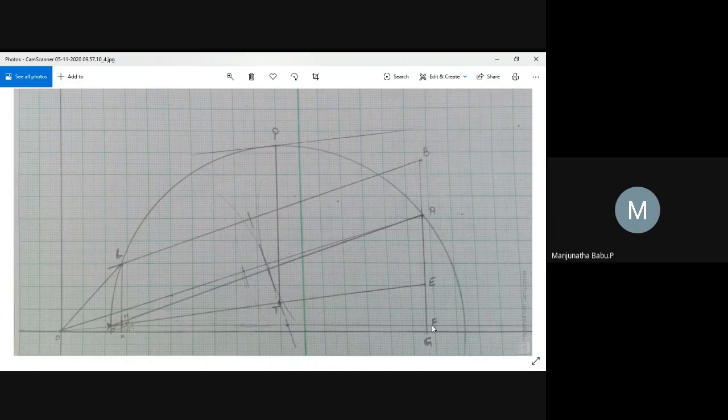Now the total copper loss will be the distance from A to G. If I remove the fixed losses, consider rotor copper loss and stator copper loss, that is AF will be equal to AE plus EF.